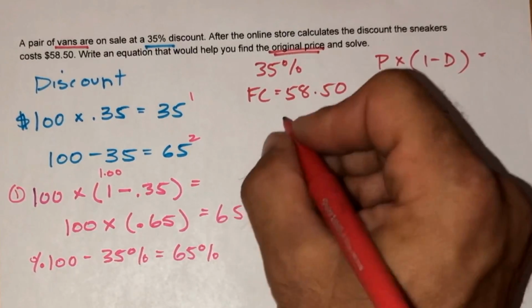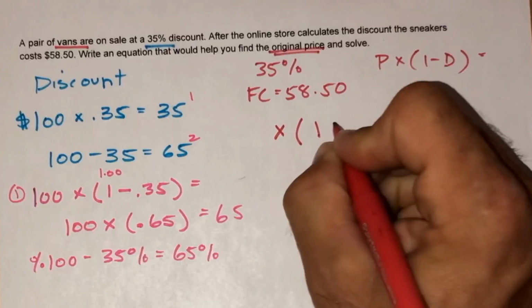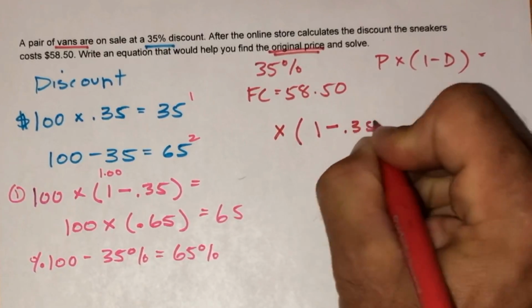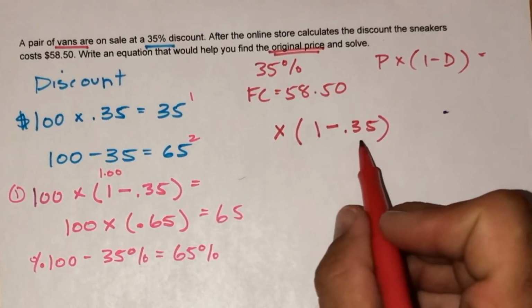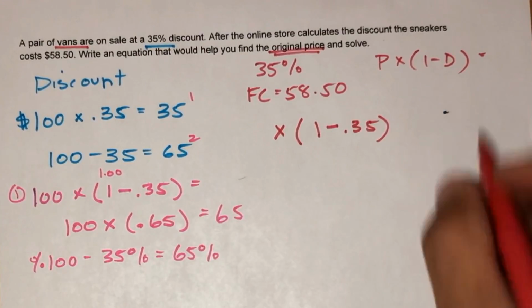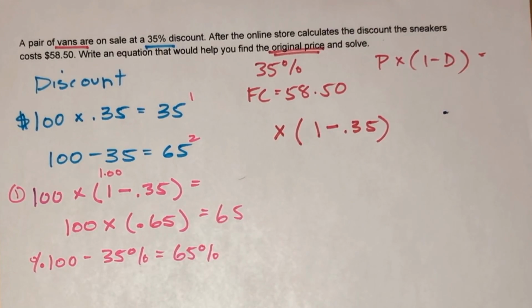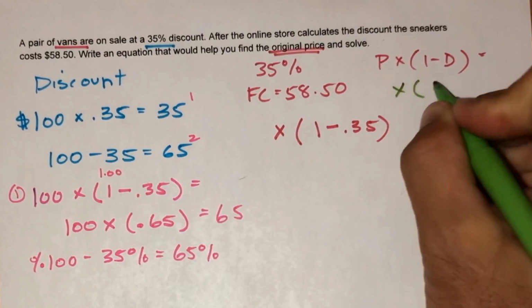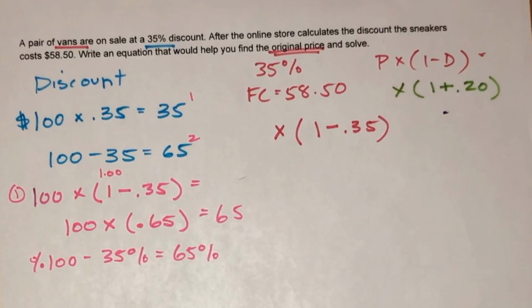So what I'm going to do here is say, okay, we don't know the original price, but we know that it was discounted by 35%. Now if it's discounted, you subtract it. If it's a price increase, let's say the price went up 35%, it's just simply x plus. Let's say it went up 20%. You would just add.